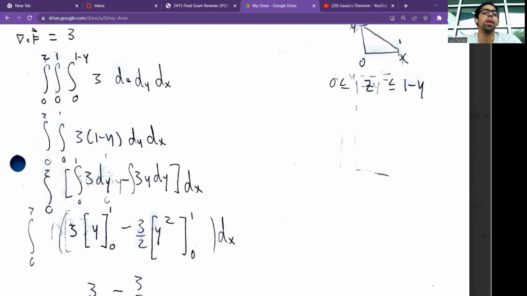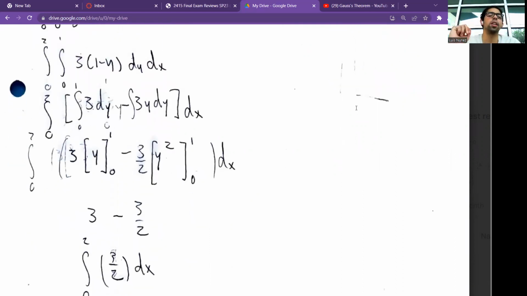For the second part, I threw the constants inside and split them apart to integrate more easily. I got 3y from y equals 1 to 0, and 3 halves y squared over the same domain. When you subtract the two, you end up with just 3 halves.